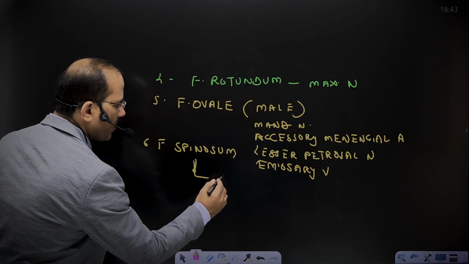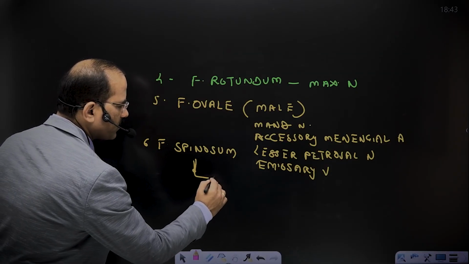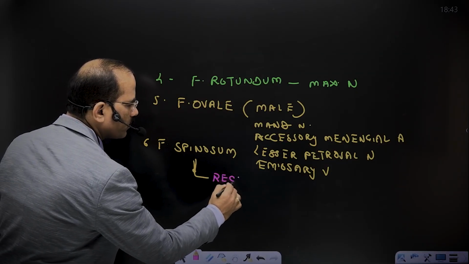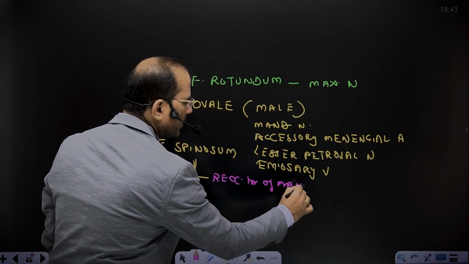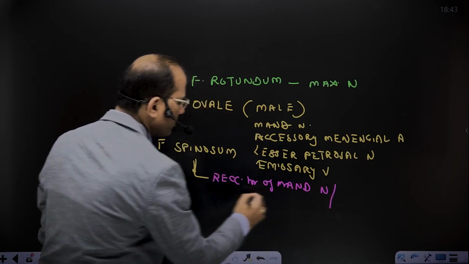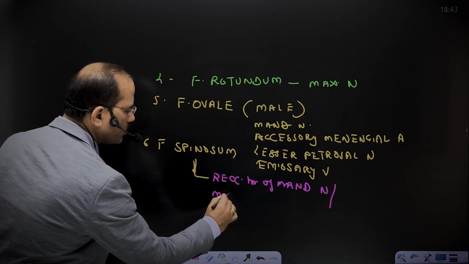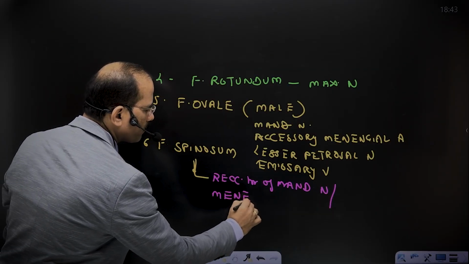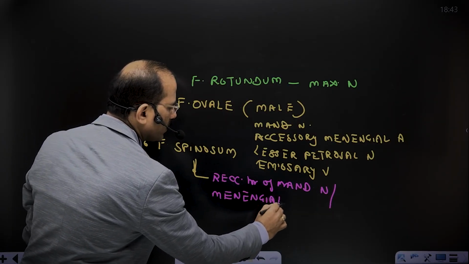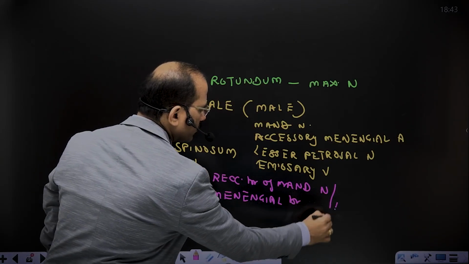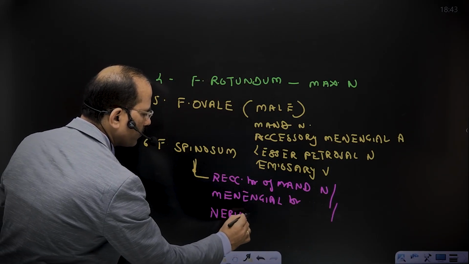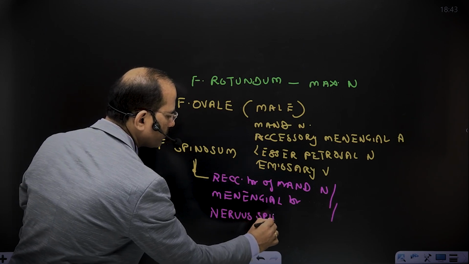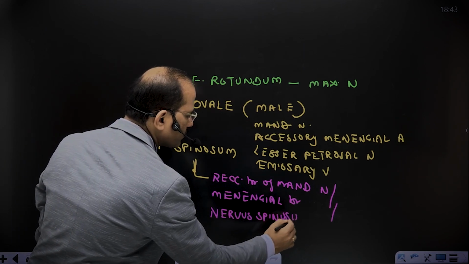Foramen spinosum: a recurrent branch of mandibular nerve, or it is also known as the meningeal branch of mandibular nerve, or it is also known as nervus spinosus.